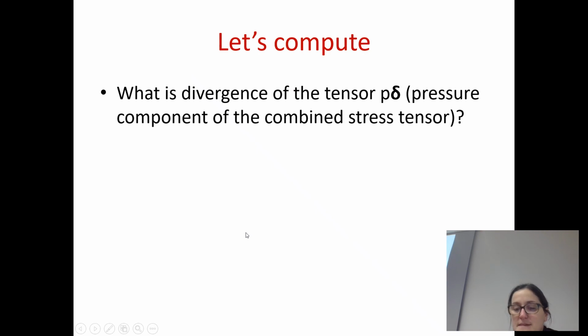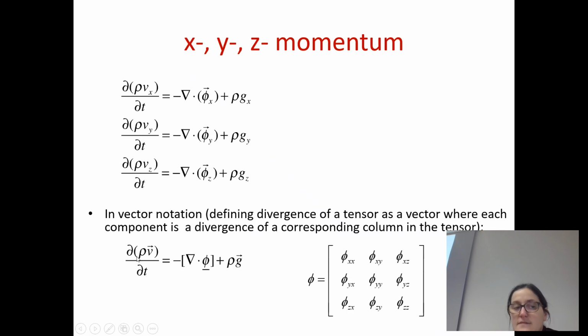And if you want to express them in a short way, you just write down d/dt of rho v, yes? And I'm just going to define the divergence of a tensor as a vector where each component is the divergence of a coordinate component of that tensor. Now, divergence acts on a vector. If I had a tensor, I'm going to act on the first column, the x column.